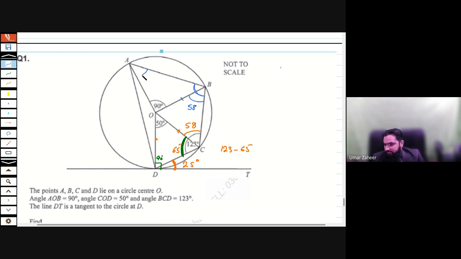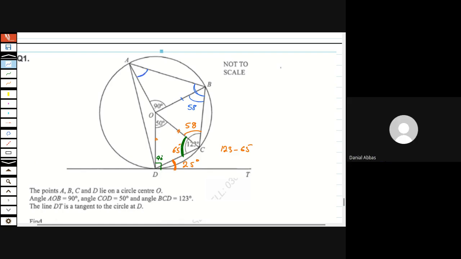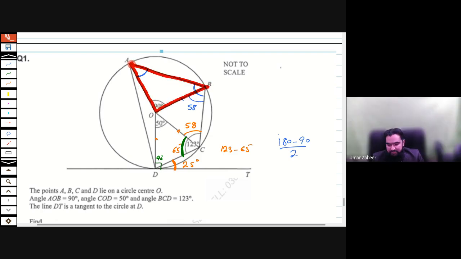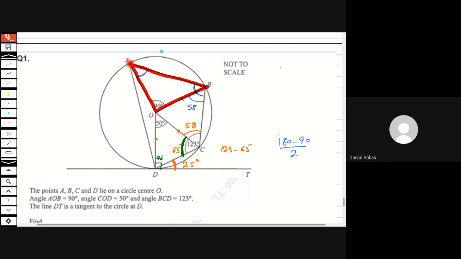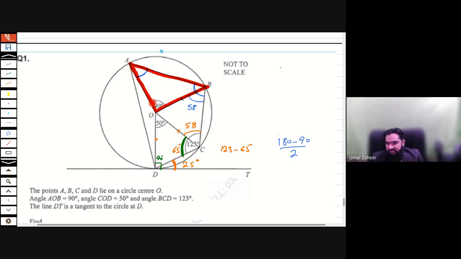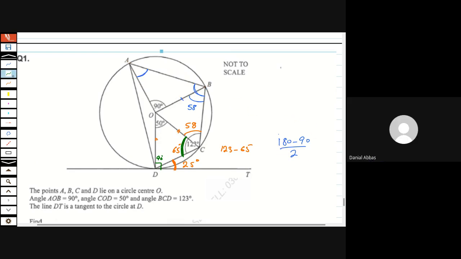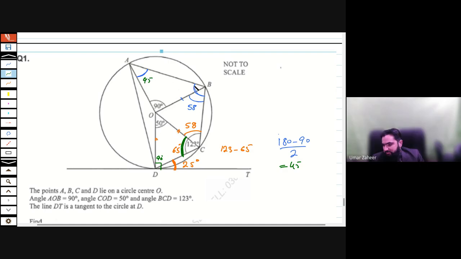What is this angle? No, this is 25, so look at this 65 in this triangle. It is an isosceles triangle, right? Yes, 180 minus 90 will be 90. 90 divided by 2 will be 45. It means it is 45 degrees.